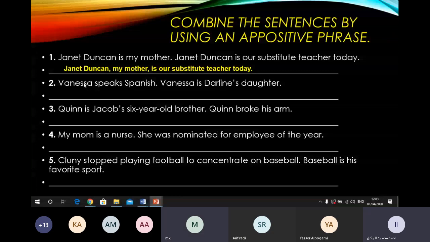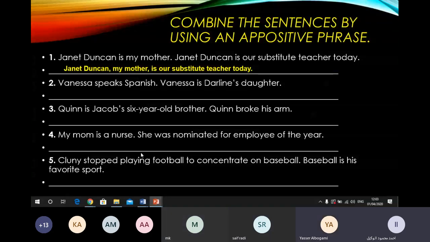The second one is Janet Duncan is our subtitle teacher, so it's also another independent clause. So you can remove Janet Duncan from here and add my mother to the second one, like the answer here, or you can remove Janet Duncan from here and bring this after Janet Duncan in the first clause.